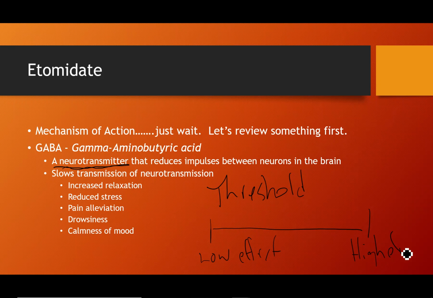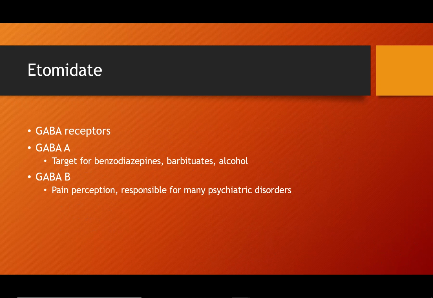And this will make more sense when we talk about benzodiazepines in just a second. But when we talk about GABA, there's two different receptors that we typically talk about. We talk about GABA A and GABA B. What we are targeting is GABA A. This is going to be benzodiazepines, barbiturates, alcohol.